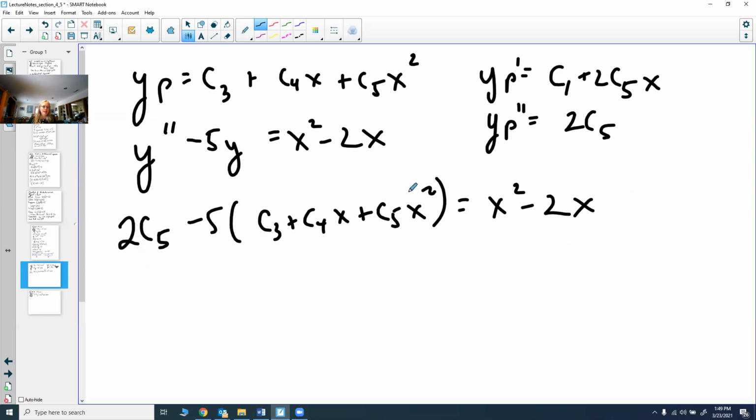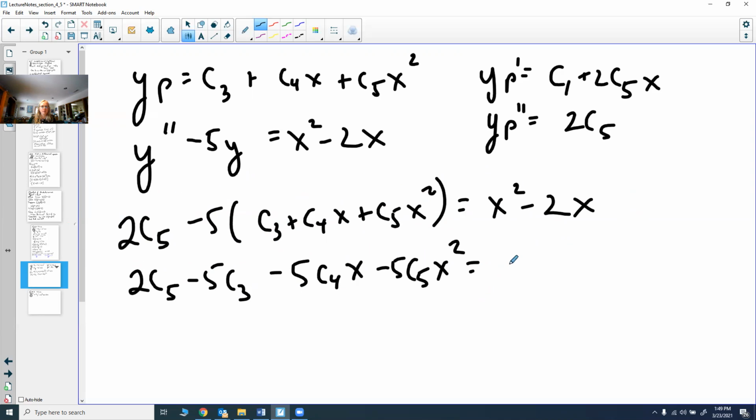So let's first simplify this and find our coefficients. In this case, we only have power functions. So we have a 2c5 minus a 5c3, those are my constants, minus a 5c4x minus a 5c5x squared equals x squared minus 2x.